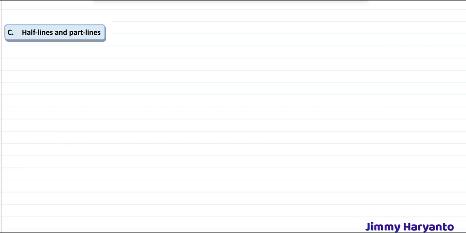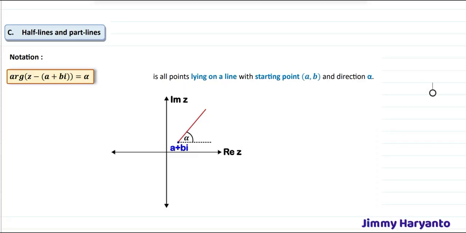And then next is half lines, or part lines. Notation: argument of z minus (a plus bi) equals alpha. This means all points lying on a line with starting point (a, b), taken from this a plus bi, in the direction of alpha.